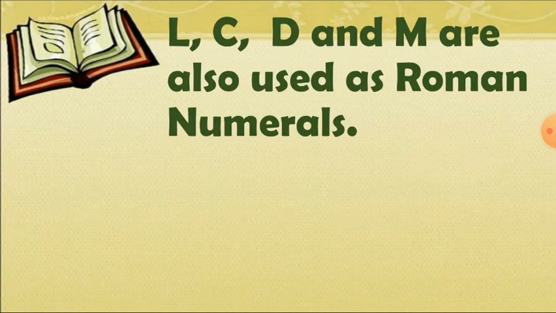Moving ahead, there are these letters also like L, C, D and M. They are used as Roman numerals. Earlier I explained that I, V and X are used, which are basic symbols of Roman numerals. Now there are some other letters also like L, C, D and M used in Roman numerals. Here I will show one table to you which will tell the value of these letters.